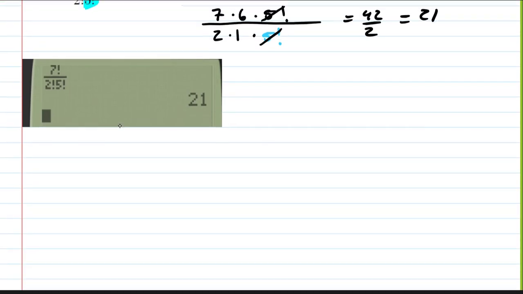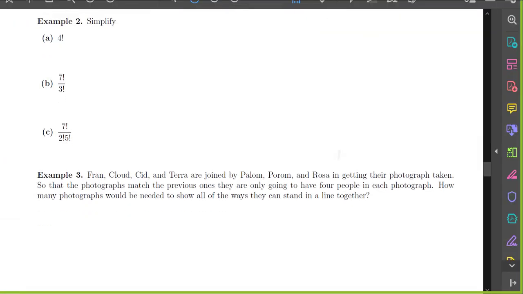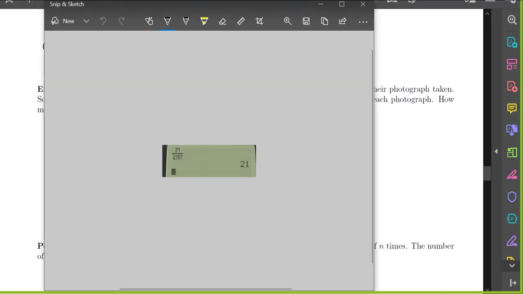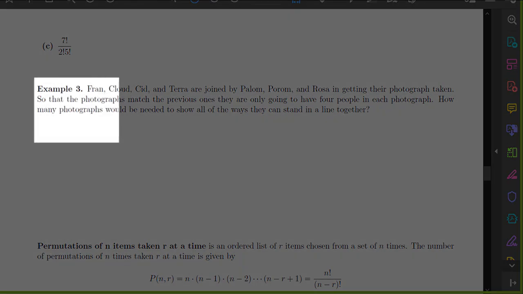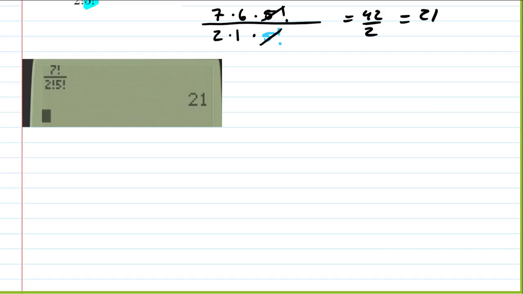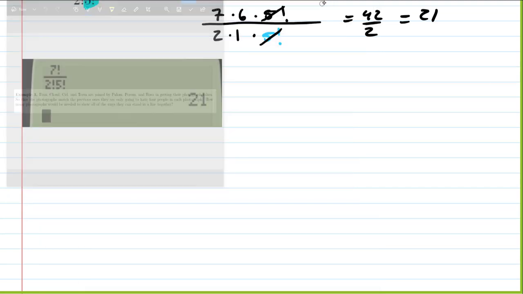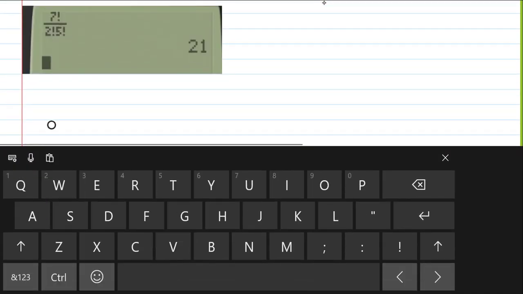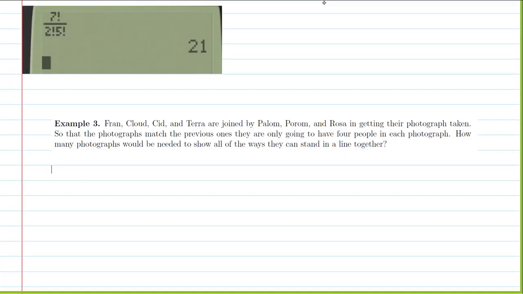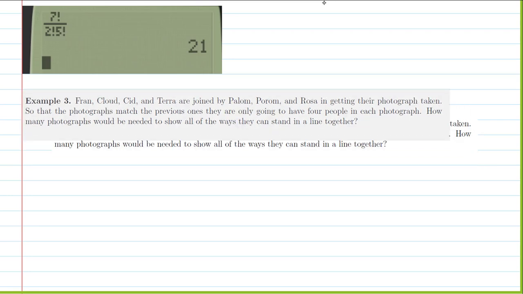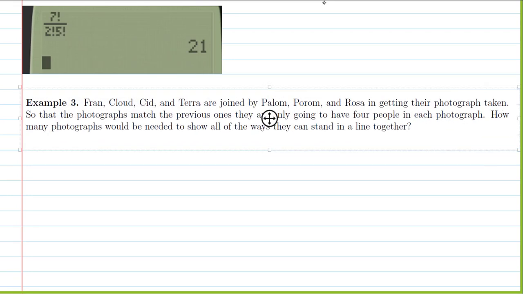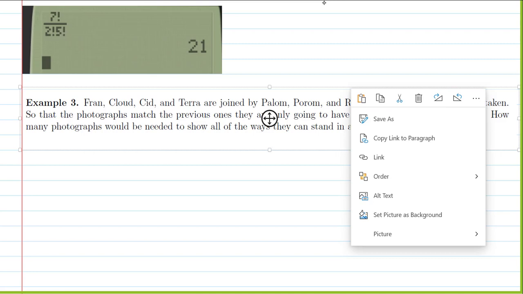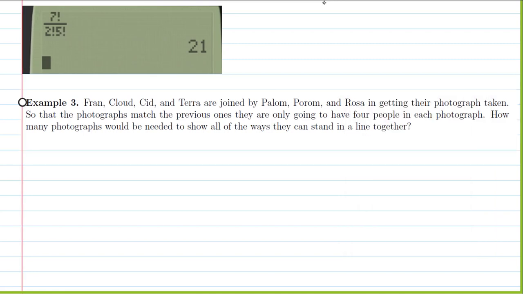So, all right. With that said, let's take a look at our next example. We have Fran, Cloud, Sid, and Tara are joined by Paulum, Porum, and Rosa in getting their photograph taken.